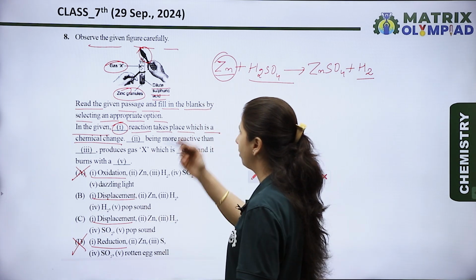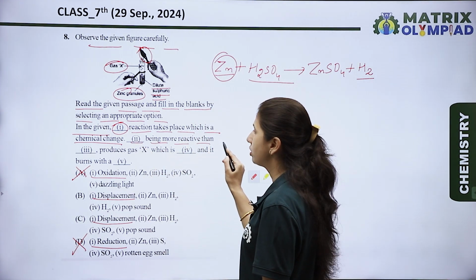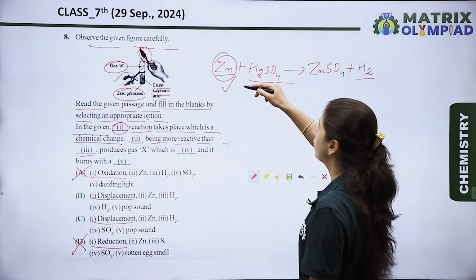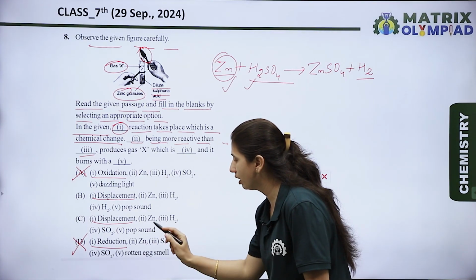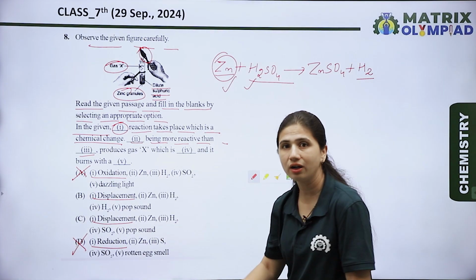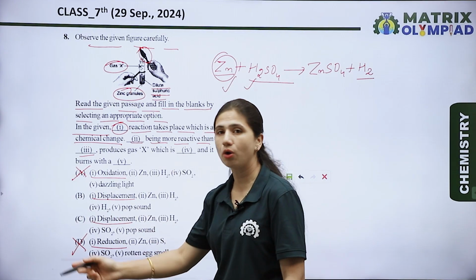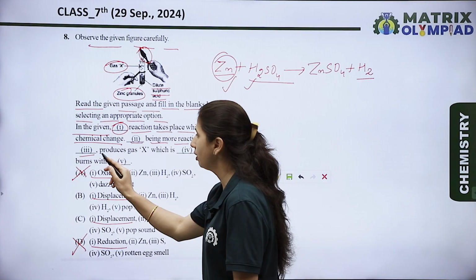Now let's see the remaining question. The question is, second being more reactive than third, and we know that zinc is more reactive than hydrogen. So here is also zinc and hydrogen, here is also zinc and hydrogen. So now it is a confusion between option B and option C. Now let's see the next remaining blank.